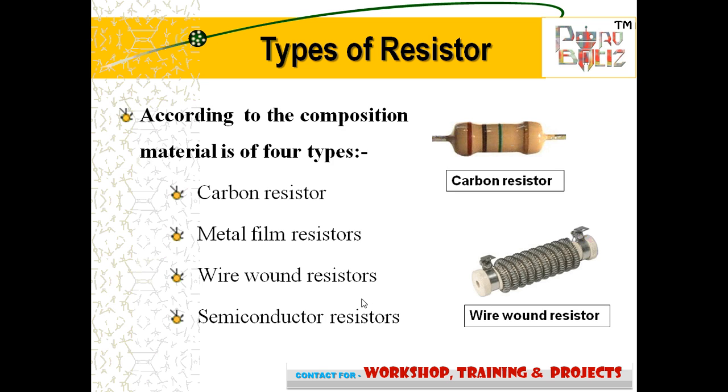According to the composition material, it is of four types: carbon resistor, metal film resistor, wire bond resistor, and semiconductor resistor. A wire bond resistor is a resistor made with wire wound on a band.